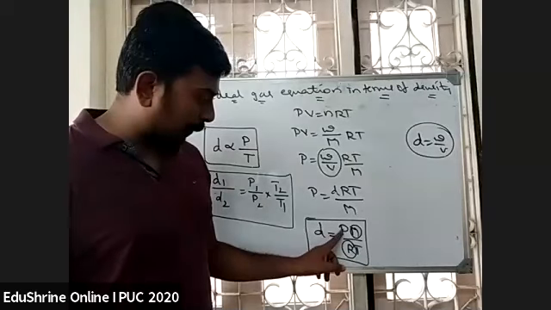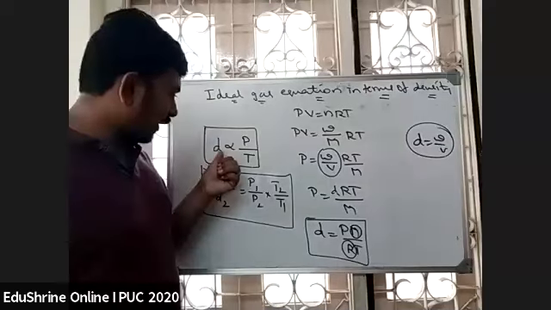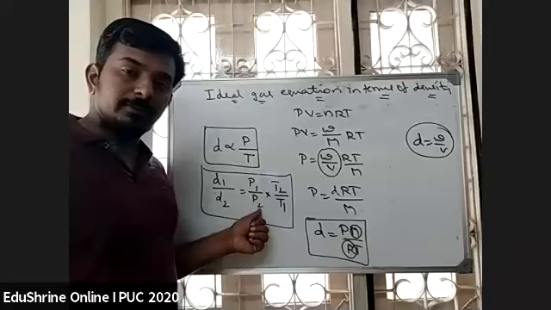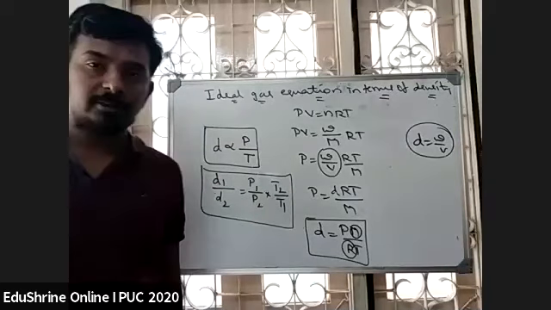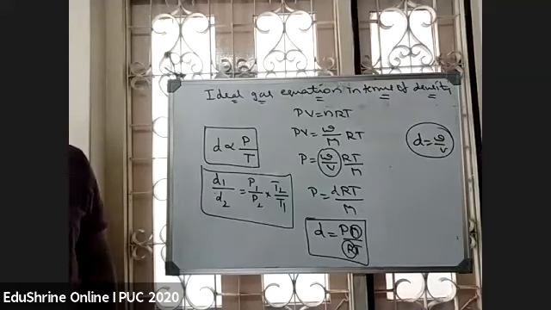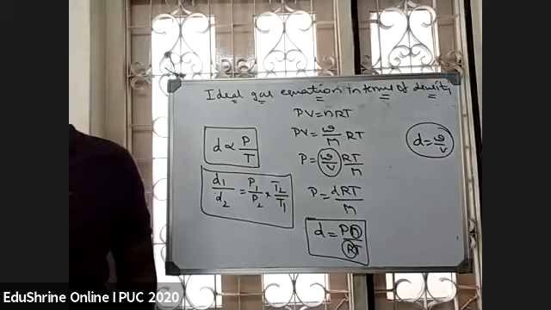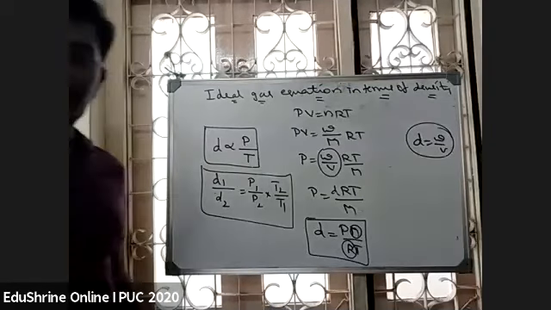So D is directly proportional to P. So D1 by D2 is equal to P1 by P2, inversely proportional to T, so into T2 by T1. Completed?